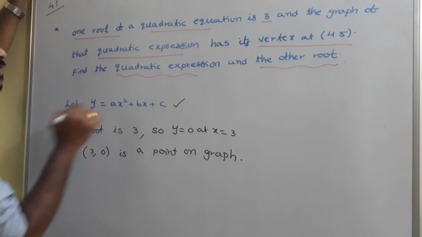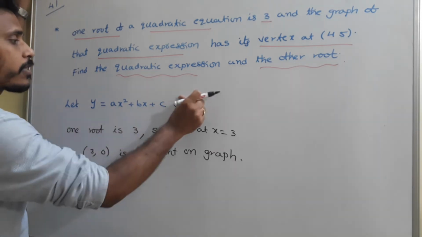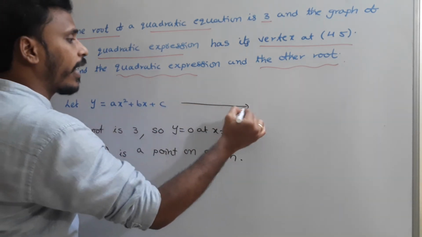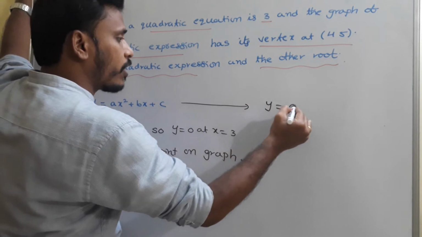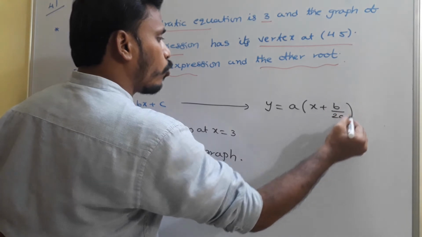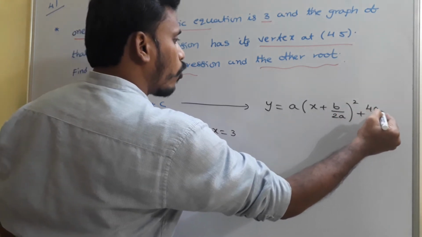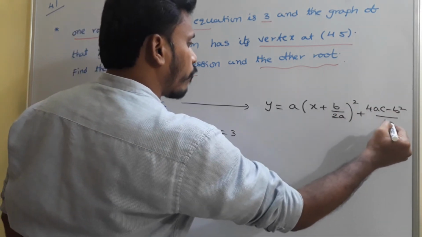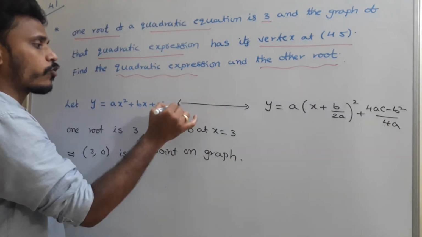See, this y = ax² + bx + c can be written like this, as we discussed in the previous sessions: y = a(x + b/2a)² + (4ac − b²)/4a. So these two are the same, right?